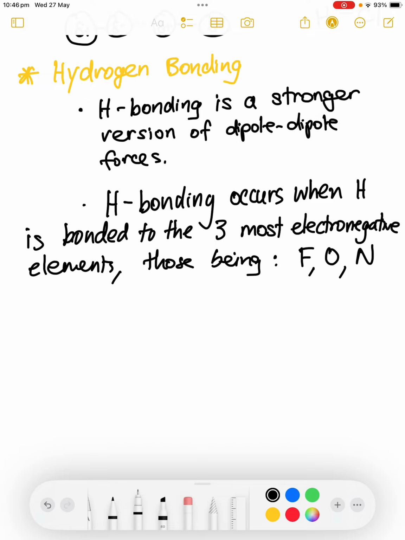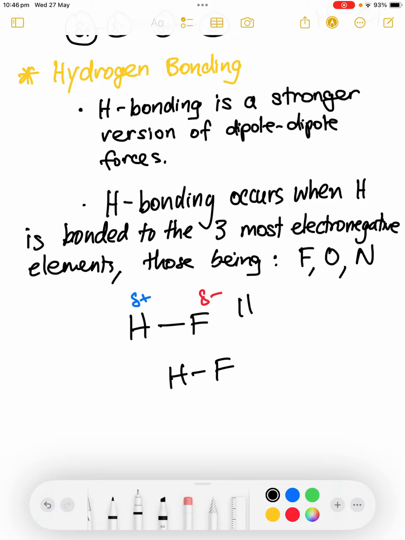So let's look at, for example, HF. Okay, so HF would be the most electronegative. So we would have hydrogen here, fluorine there. Okay, and definitely hydrogen will be delta positive, and fluorine would be delta negative. And we'll draw a few more of these.